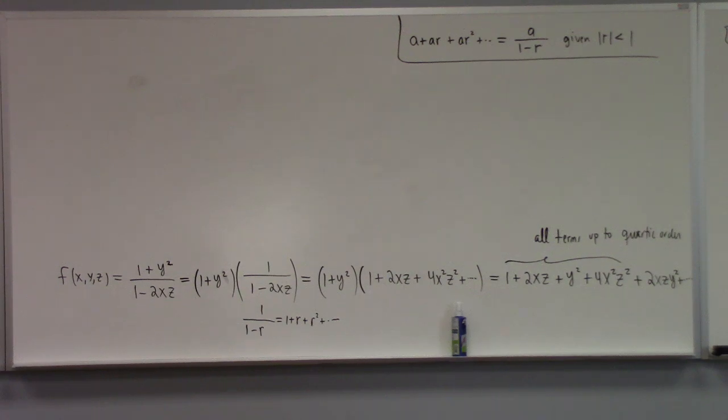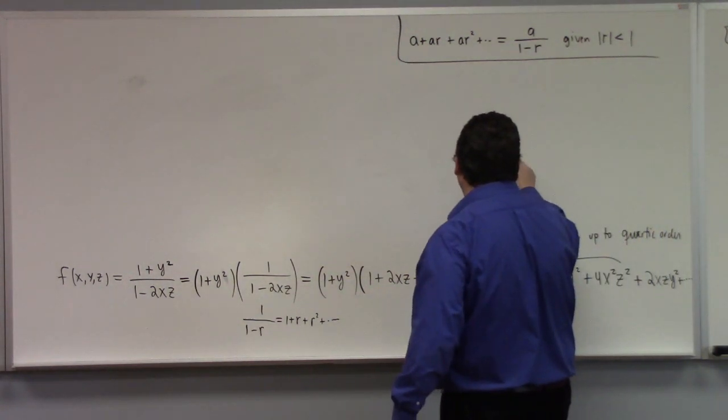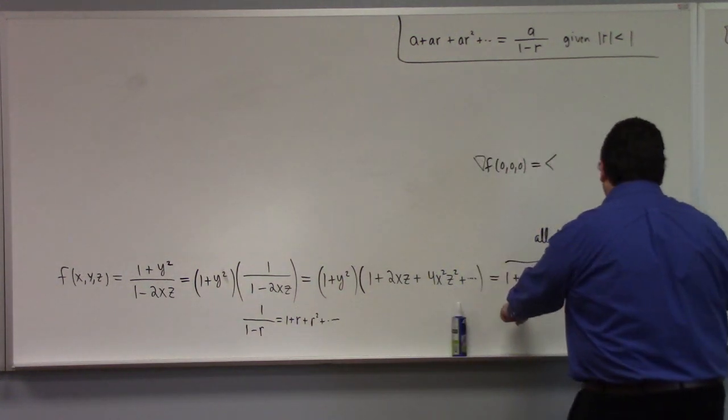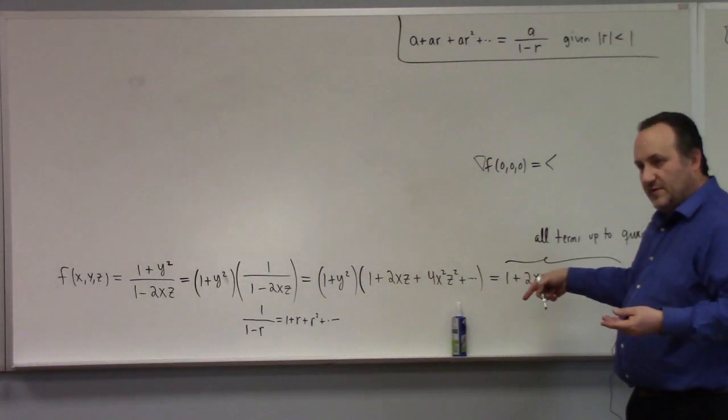So what do you guys think then? Is 0, 0, 0 a critical point? What is the gradient of f equal to? So there are no x, y, or z terms on their lonesome here.